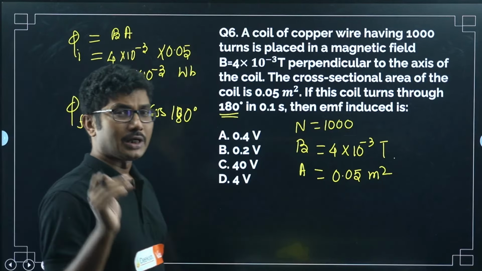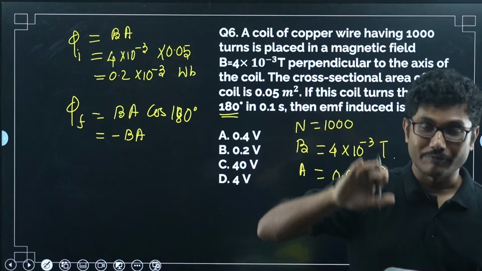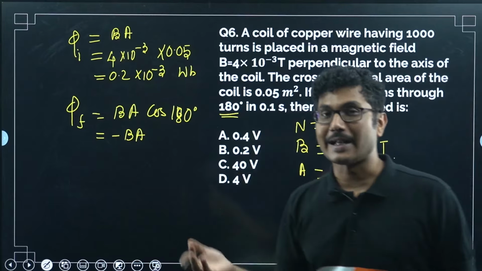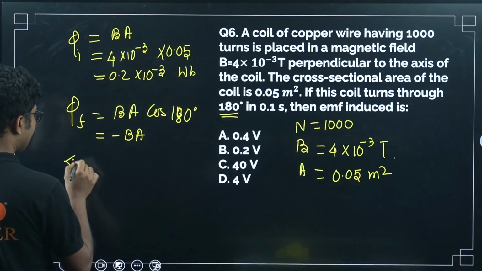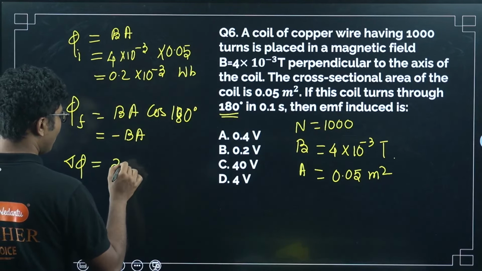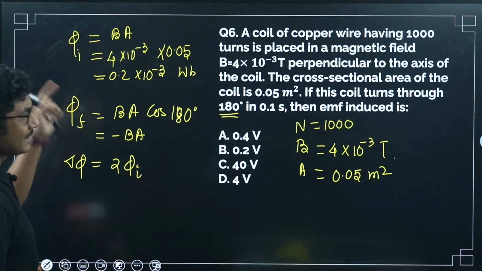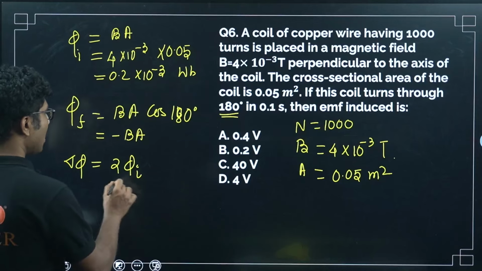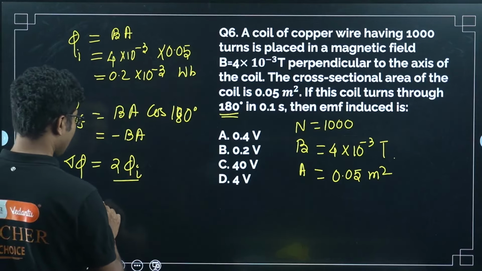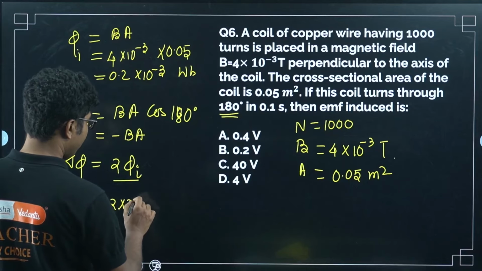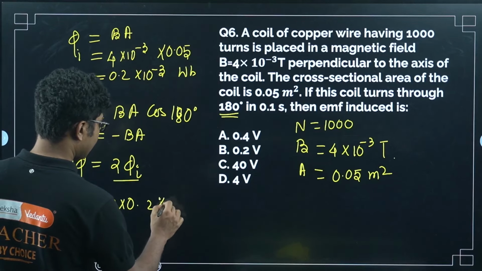So when you turn the coil from phi to minus phi, the total flux change delta phi should be equal to 2 phi I. So plus BA minus BA, so the total flux change is 2 phi I. Only the magnitude we are considering, so basically that is 2 times 0.2 times 10 to the power of minus 3.